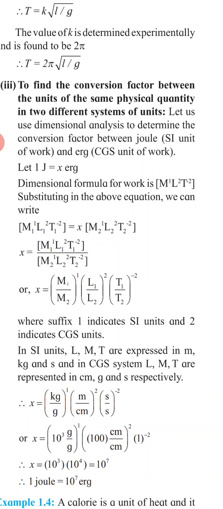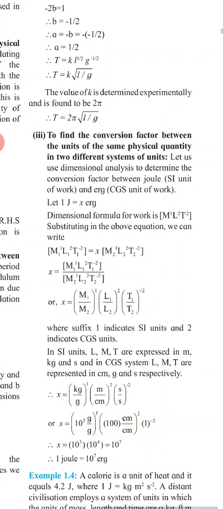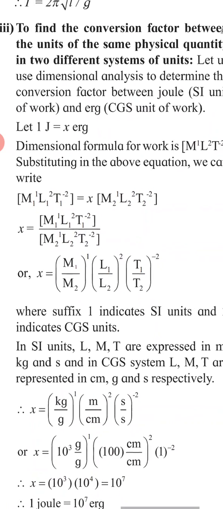Now what we are going to do, we are going to write dimensions of work on both the sides. So what is the dimension of work? It will be M^1 L^2 T^-2. And if you put the values in these dimensions for this equation, 1 joule equals x erg.